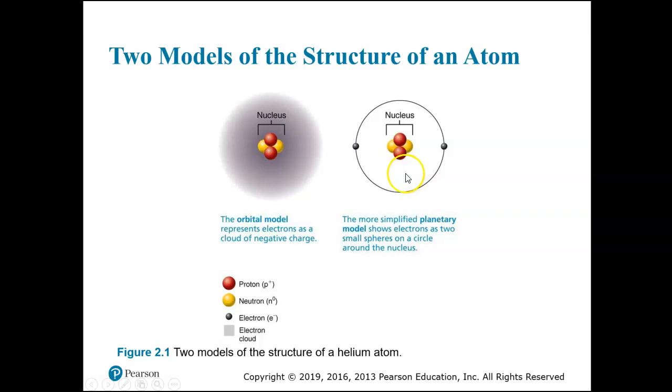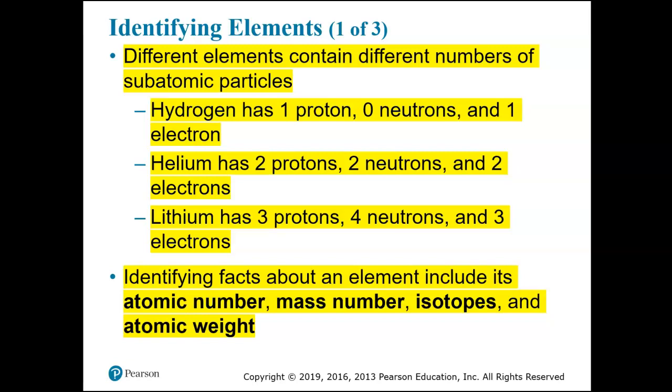And then if you look at the planetary model, you can also see that there are 2 electrons because in an atom, the total charge has to equal 0. So if you have 2 protons or positive charges, you have to have 2 electrons or negative charges to balance those out. The neutrons can be equal to the protons or not. Here it's just a coincidence that there are 2 neutrons and 2 protons, but the number of neutrons does not have to equal the number of protons.